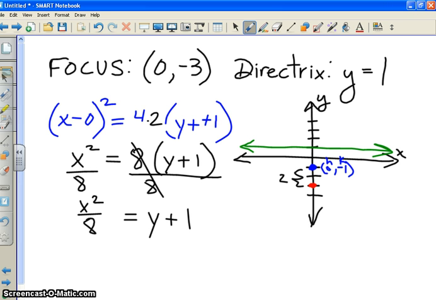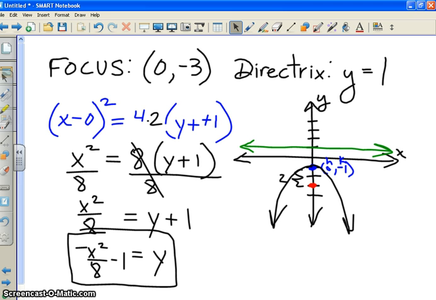And then subtracting 1 from both sides, we're going to get x squared over 8 minus 1. Now, one thing to be careful of here is that our parabola is not going to be going up because it cannot cross over that directrix. So our parabola is actually going to be going down in this case, which means my x squared needs to be negative.